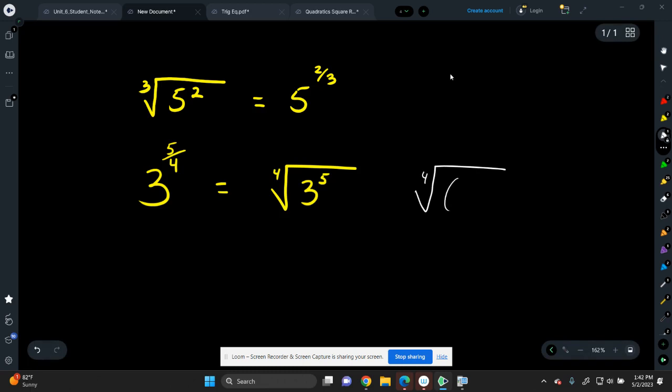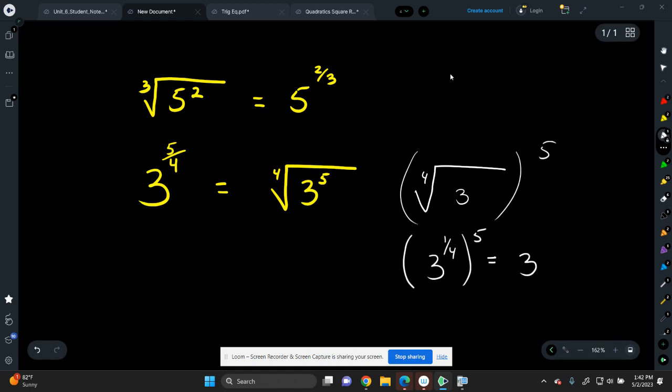Like the whole thing in parentheses, and then you put the 5 on the outside. Good question. Let's see. Is that the same? Yes, it is. So how would I rewrite this? This would be 3 to the 1/4, times 5. And then what do we do when we have exponents outside the parentheses? Multiply them. So yes, that would be the same.